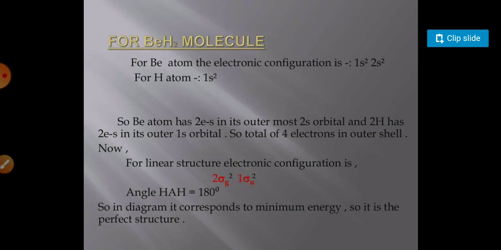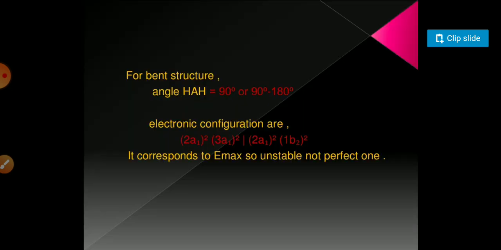So the total electrons are 4 in the outer electron shell. For the linear structure, the electronic configuration is 2 sigma g 2, 1 sigma u 2, and the angle HAH is 180 degree. So the diagram corresponds to minimum energy, so the perfect structure can be identified.